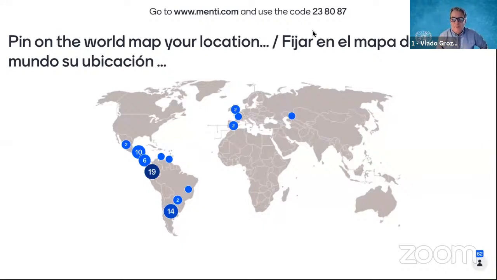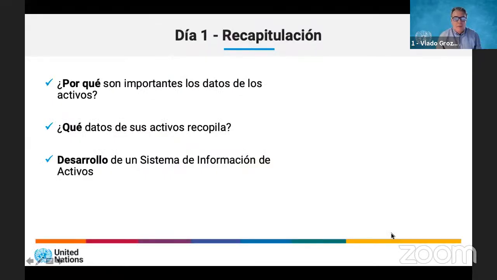Next slide, please. Before we run into today's online solution dialogues topics, let me recap the main topics from yesterday's work. We saw yesterday why data is very important, what data you have to collect about your assets, and how to set up an asset information system.